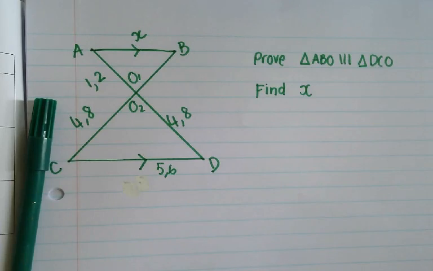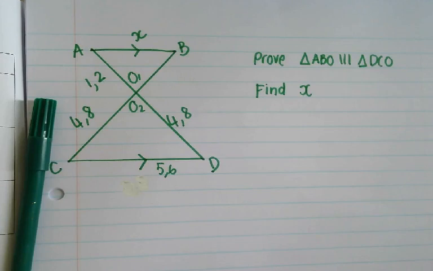So finding x, I'm going to take that AB over DC is equal to BO over CO is equal to AO over BO. Why can I say that? Well, they are similar. And now I'm going to substitute.